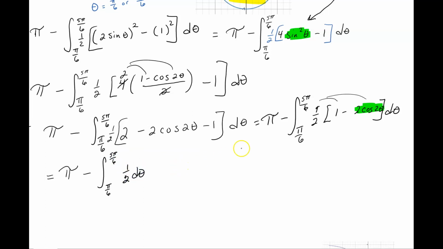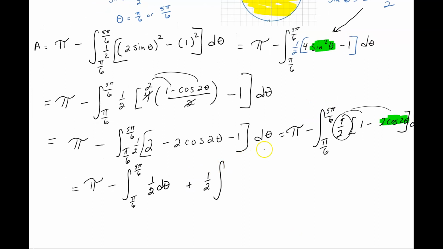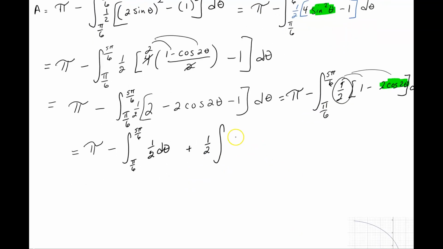All right, it's going to be minus a negative, so it's then going to be plus. And of course it's going to have that 1/2. I'm going to leave that 1/2 on the outside, just for the u substitution purpose, because I need that.